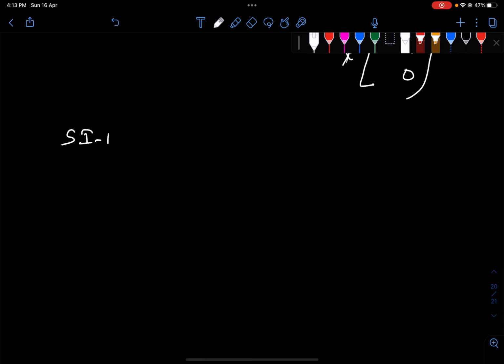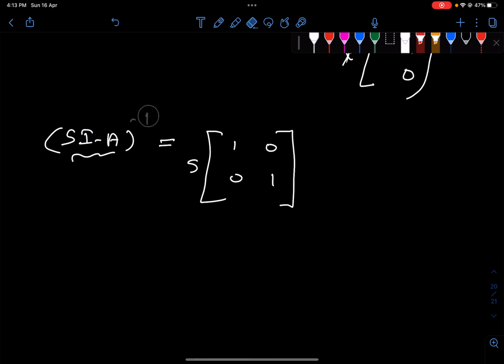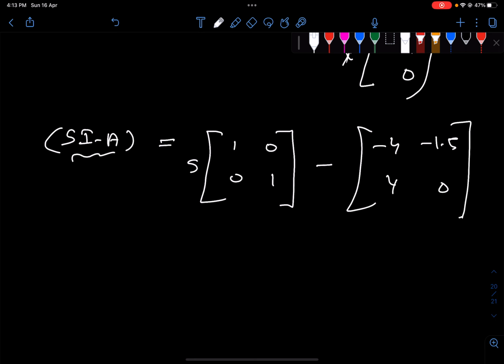So what is sI minus A? First of all we deal with s times [1, 0; 0, 1] minus [minus 4, minus 1.5; 4, 0].